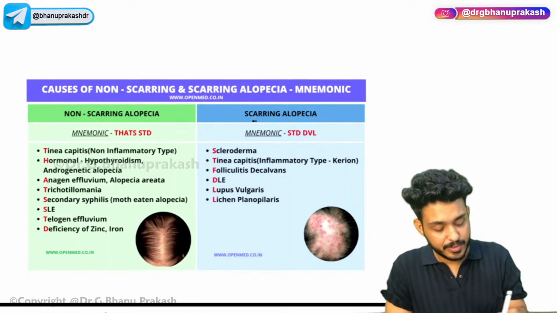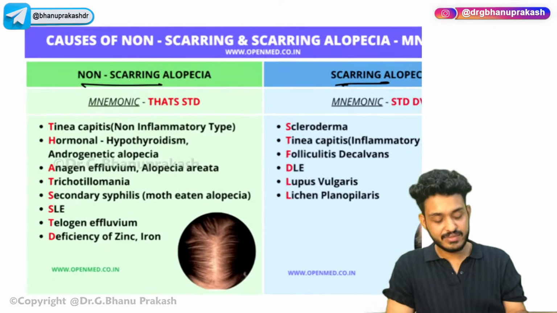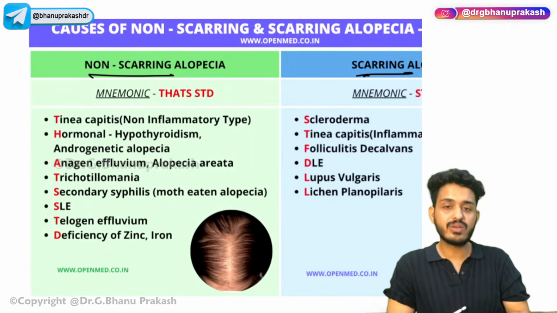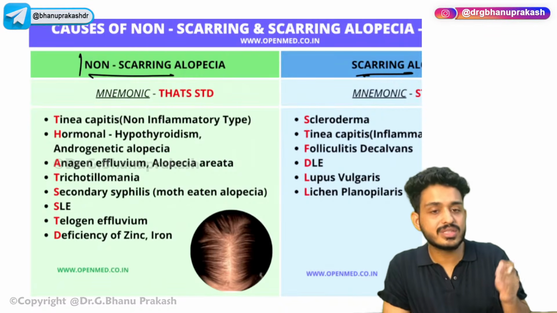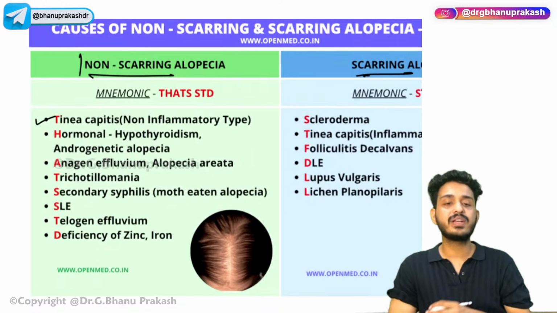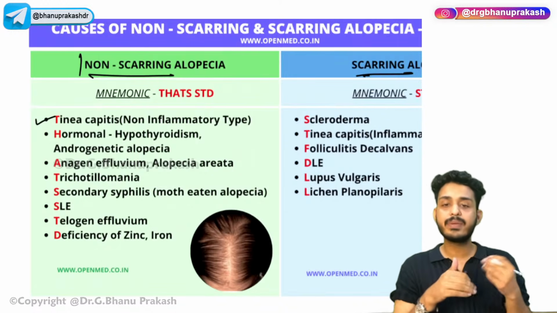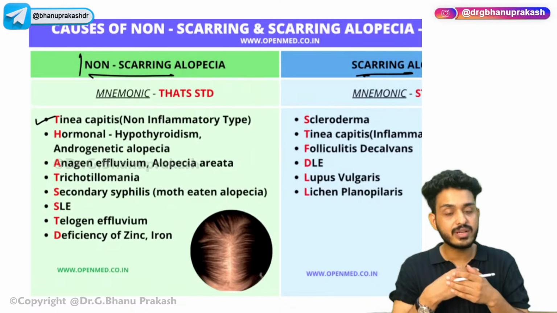So what is the mnemonic for non-scarring type and what is the mnemonic for scarring type? Let's see what conditions you find in non-scarring, also known as non-cicatricial, alopecia. First is your tinea capitis. Tinea is basically a superficial fungal infection, right?